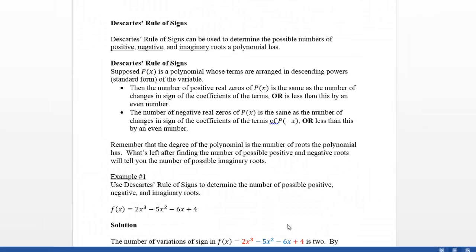Now, we're going to go through an example here and then a sample problem. I've provided you with little tables to fill in. They make this process a little bit easier, but you're going to just need to do a couple of simple things whenever we go through this rule of signs. So let's take a look at it.